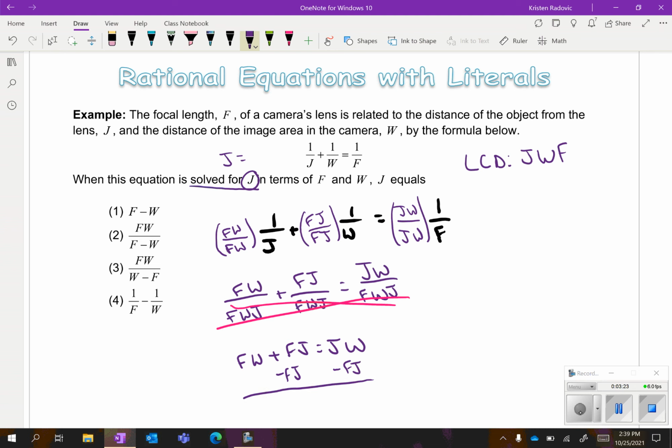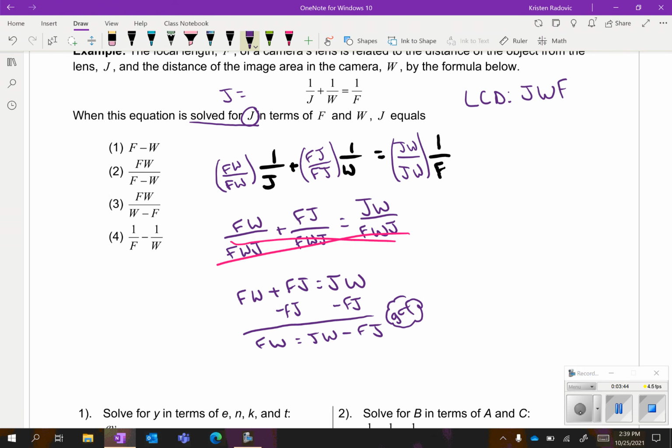This kind of turns into the hard question that we did with inverses, where you have to get y by itself when there's a fraction. You always want the variable you're solving for on one side of the equation. That way you can take out a GCF. And when you take out the GCF, we're going to be left with J times, when you take out J, you are left with W minus F. And to get J by itself, because it's J times something, what undoes multiplication is division.